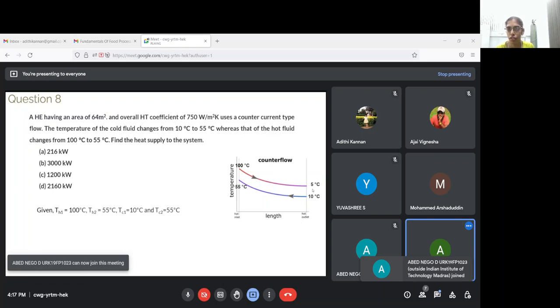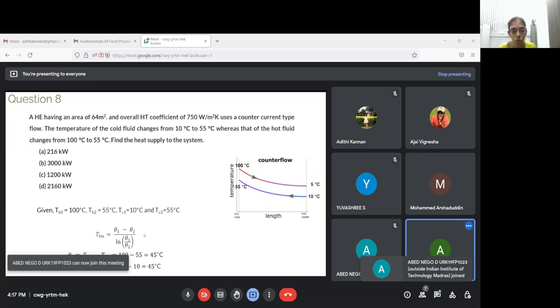This is actually 55. So what is your theta 1 and theta 2 coming out to be? Yeah, so for theta 1 and theta 2, both it is coming out to be 45 degrees.